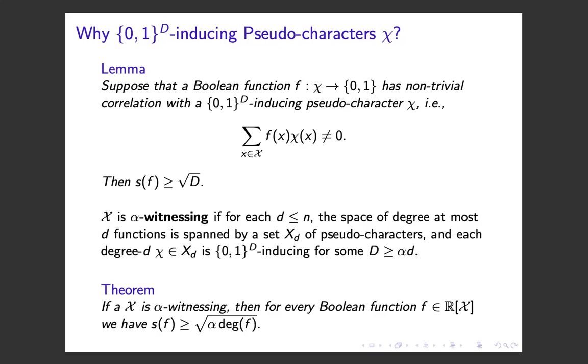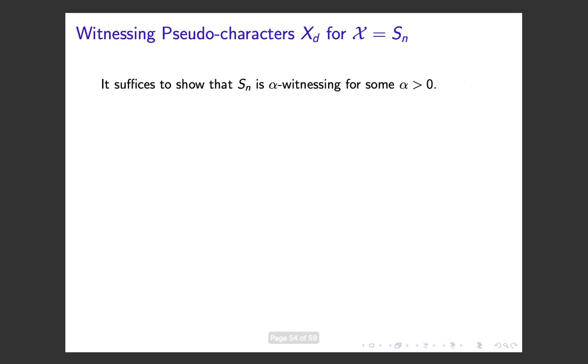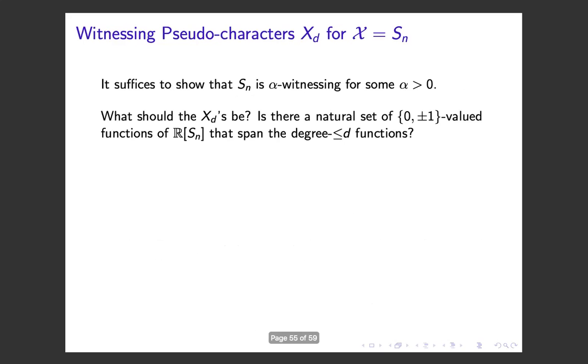And the question is, do these things actually exist? Can we prove that these domains that we're interested in are alpha witnessing? So let's just consider the symmetric group. What should these X sub D's be? In other words, is there a natural set of 0, plus or minus 1 valued functions on S_n that span the degree D functions, or degree no greater than D functions, I should say.